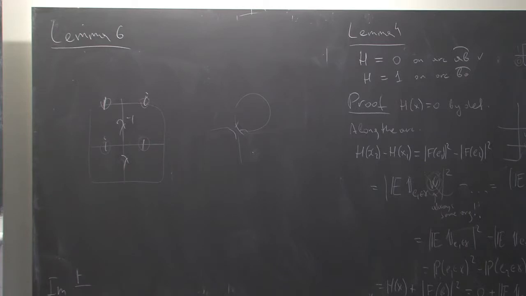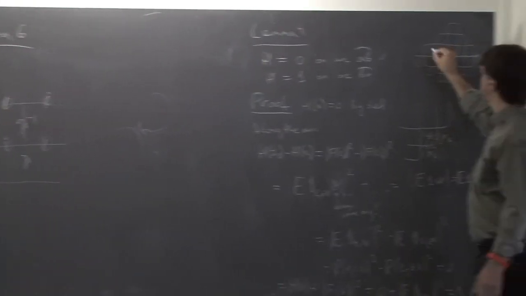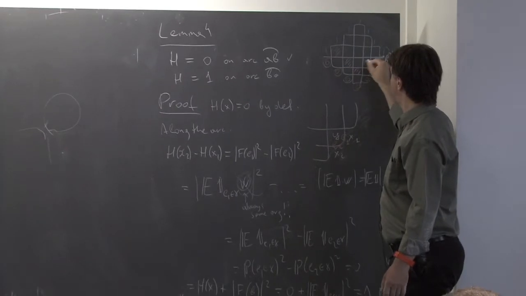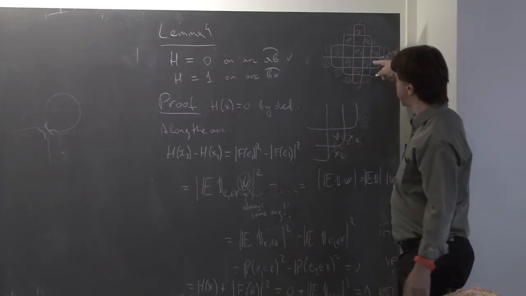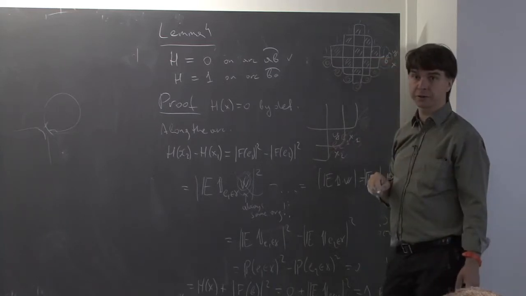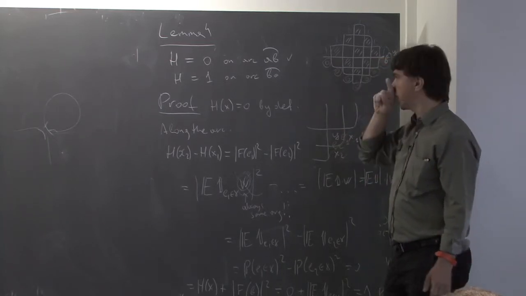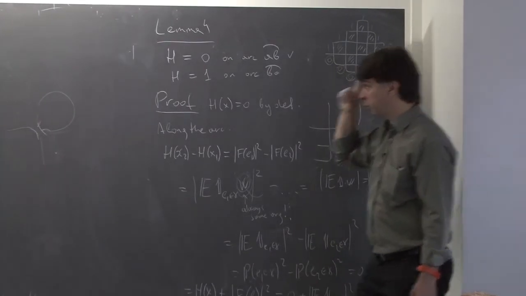So as I said, H on black and white are slightly different. What we know so far is that for two neighbors, H on white is always bigger than H on black.